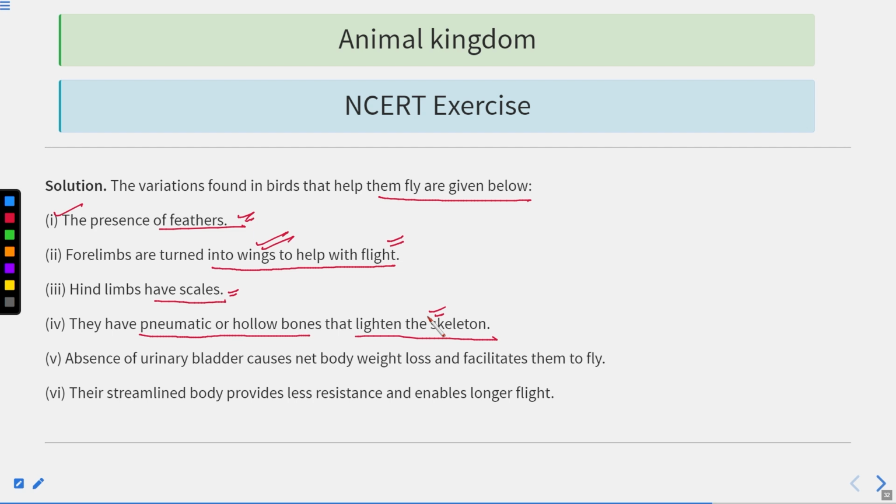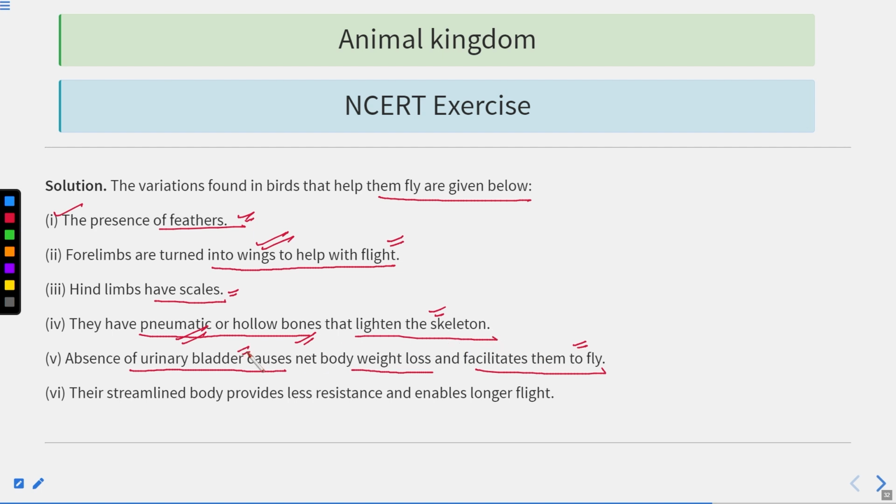So that makes their body very light, and they can fly in the air because their body is quite light, right? Those hollow bones are called pneumatic bones or hollow bones. Absence of urinary bladder causes net body weight loss and facilitates them to fly, right? So they do not have any urinary bladder.